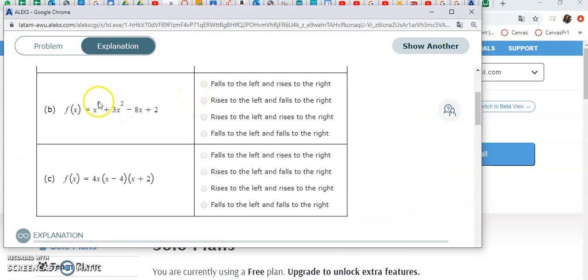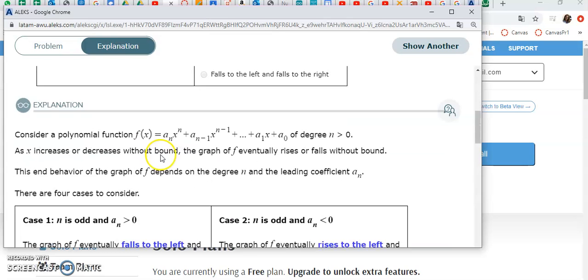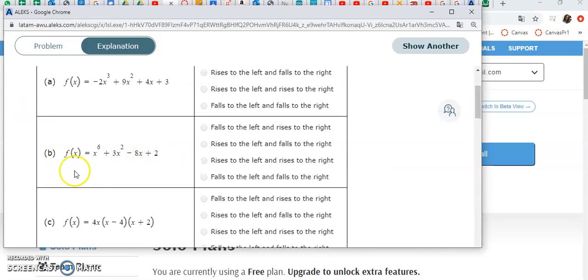Now, let's see the next one. We have x to the 6th. The degree of this one is 6th degree, and the leading coefficient is positive. So here we have an even degree with positive leading coefficient. Without checking, I want you to realize, to think, and try to say. Let me tell you. It rises to the left and rises to the right.